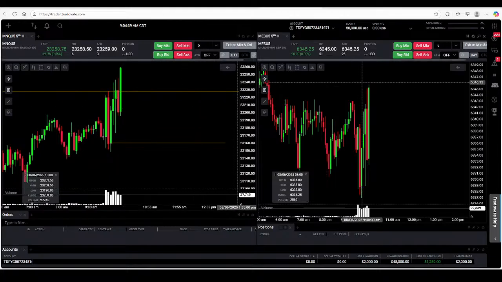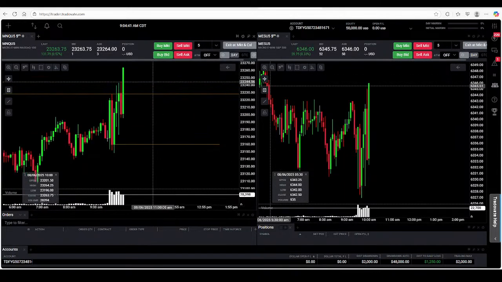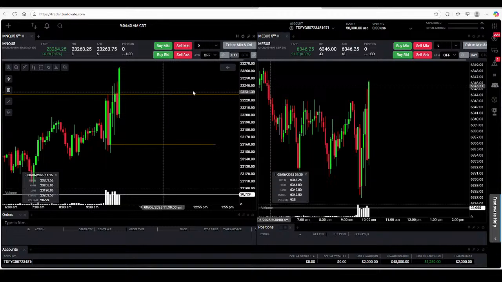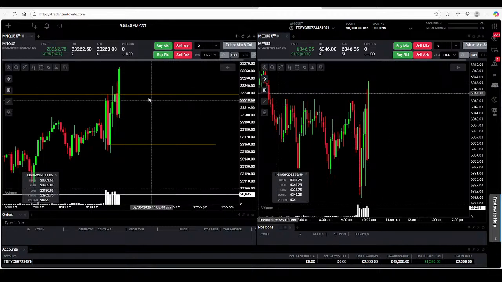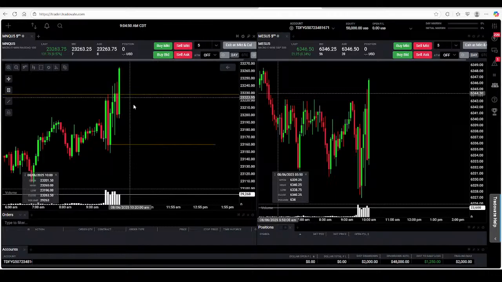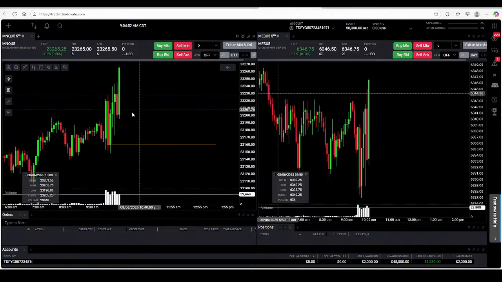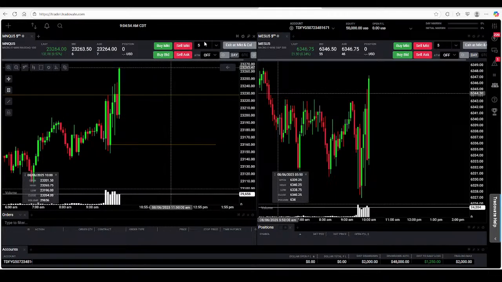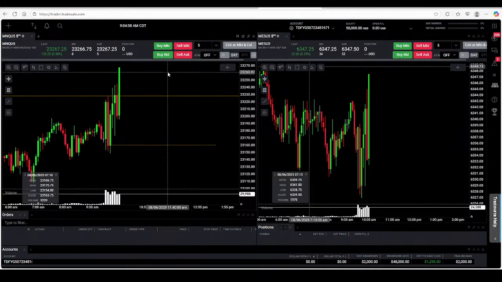Usually when I enter a trade, I'm looking to keep my losses at about $300 a trade. So depending on where my stop would be will depend on my size. So trading micros, most of the time we'll trade up to 10 micros.